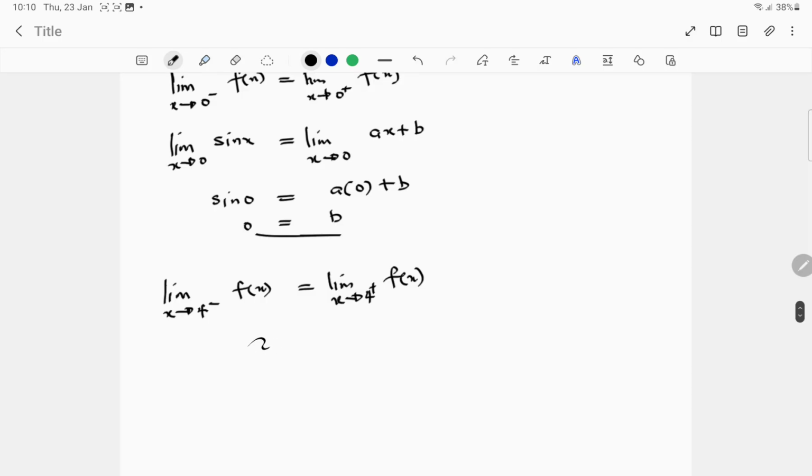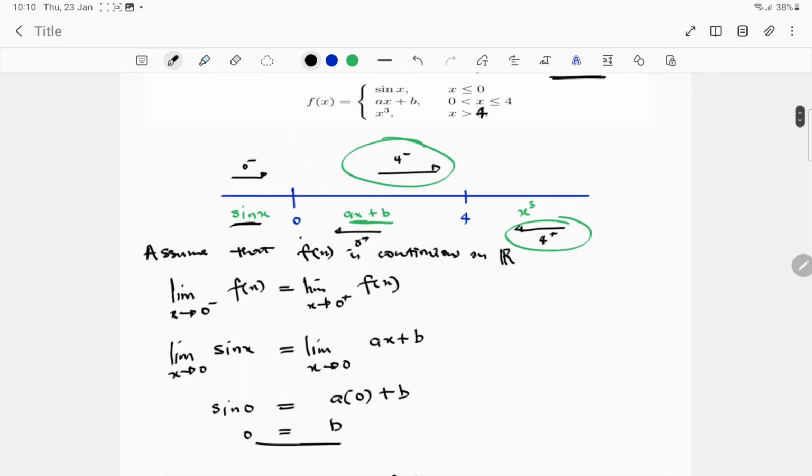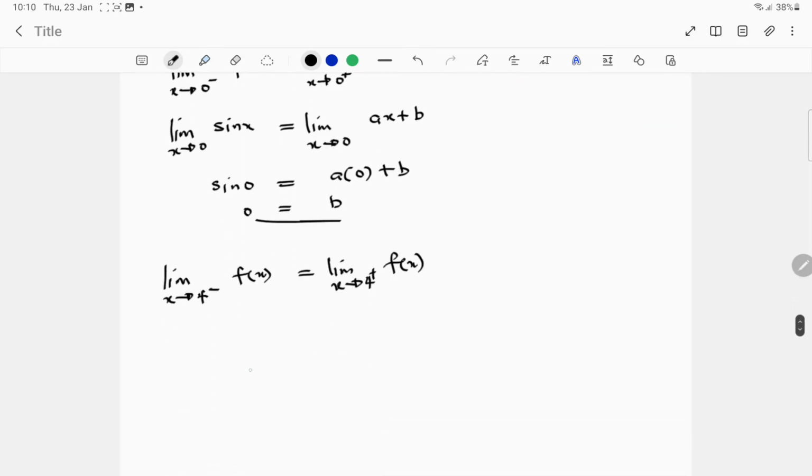So the limit as x approaches 4 from the negative of ax plus b is equal to the limit as x approaches 4 from the positive of x to the power of 3.